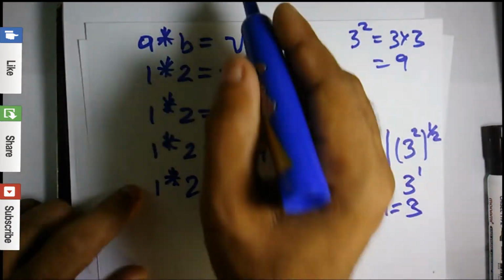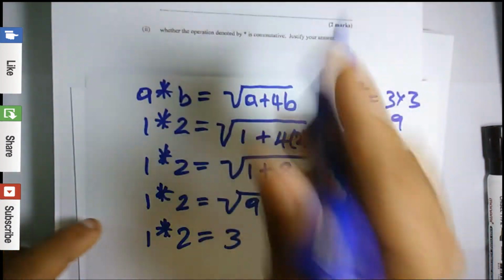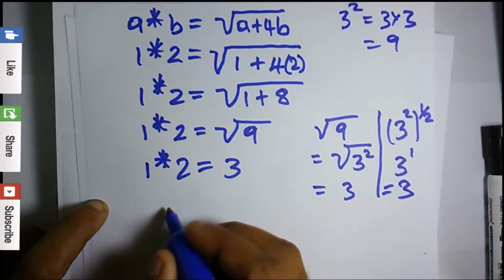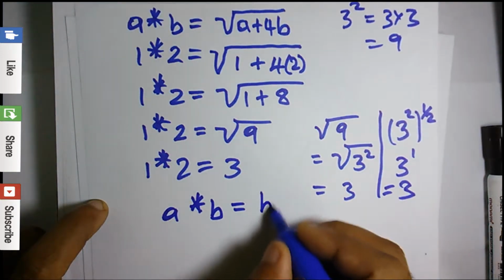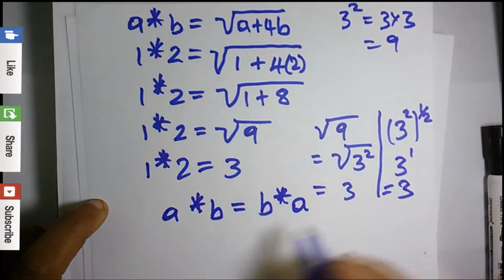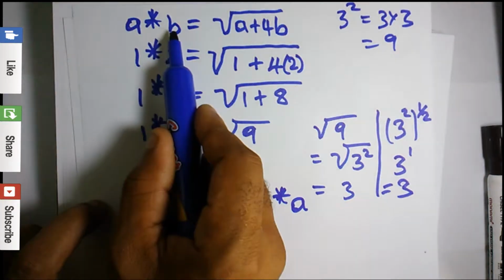Now, they said determine whether the operation is commutative. Now, commutative law states that a asterisk b should be equal to b asterisk a. Now, if you are paying attention, you realize that we just solved for a asterisk b.